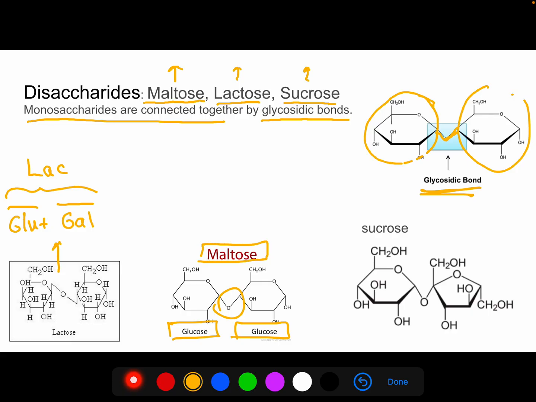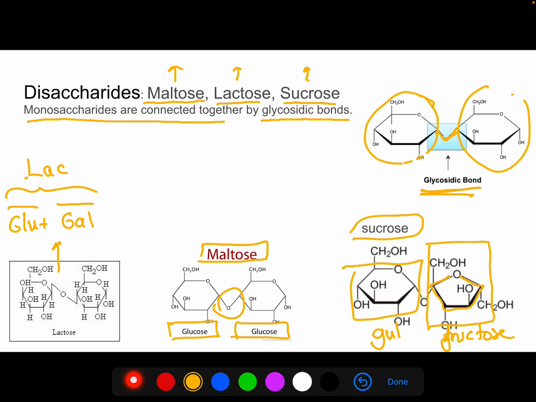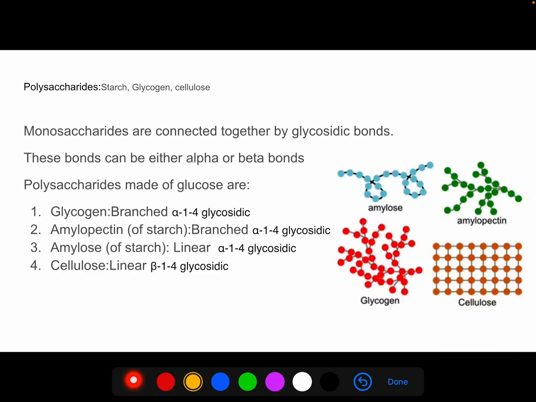Sucrose has a fructose, a pentagon. It's a 6 carbon, but still a pentagon. The structure is different. And you have a glucose. So glucose and fructose makes sucrose. Lactose, maltose, and sucrose are disaccharides. Sucrose is present in fruits, maltose is present in starch, and lactose is present in milk.